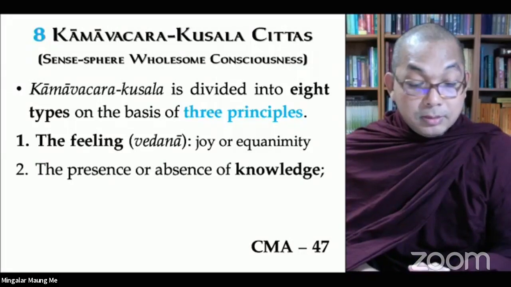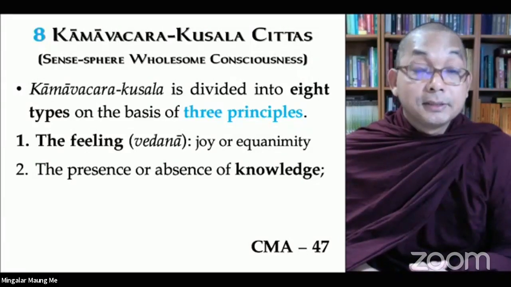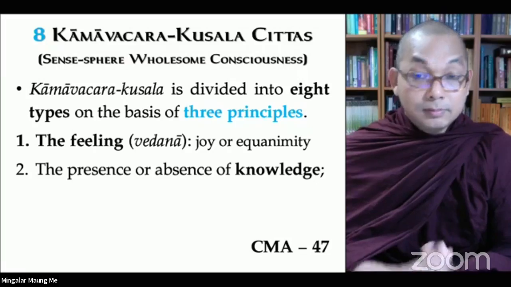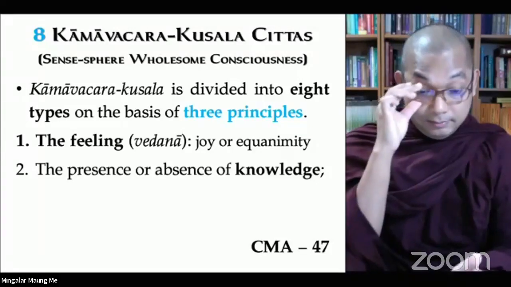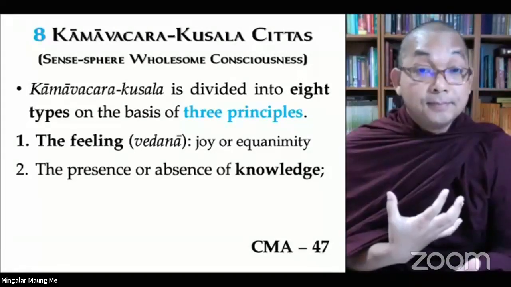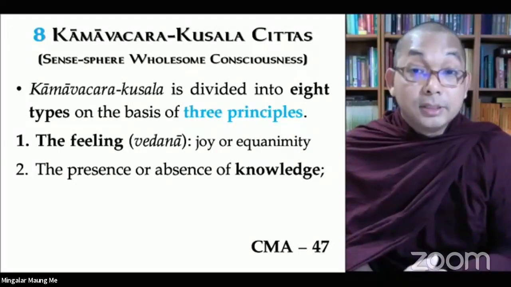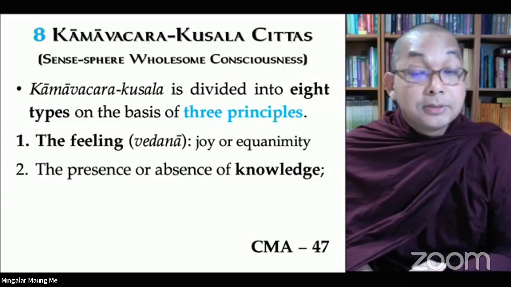The number 2, the presence of knowledge and absence of knowledge. When you do a good deed, dana, sila, bhavana, anything, and you know that this is a good deed, then that is the presence of knowledge.